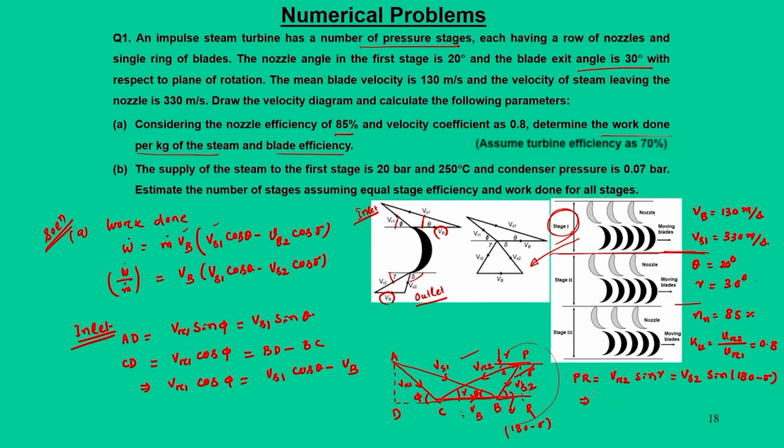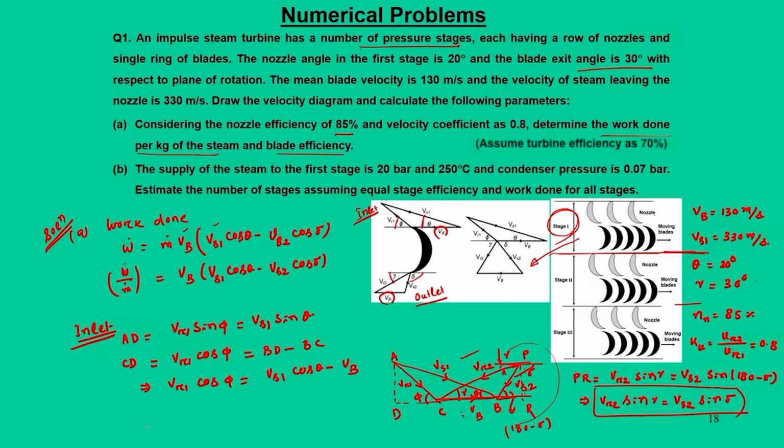So this means Vr2 sin gamma is equal to Vs2 sin delta. So this is one expression we get.